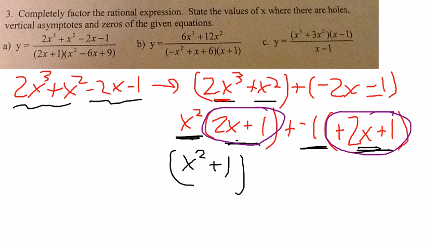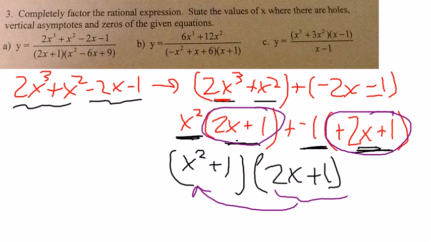So let's factor it out. And what are we left with? We're left with 2x plus 1 times x squared plus 1. And if you think about it, we could redistribute this 2x plus 1 and get 2x plus 1 times x squared, which is what we have right there.